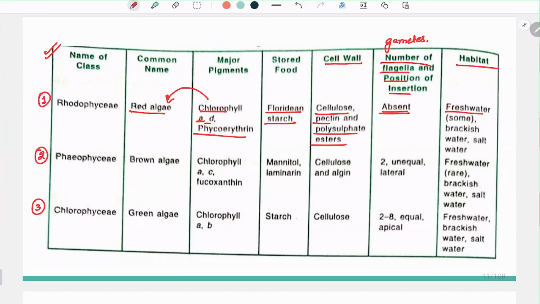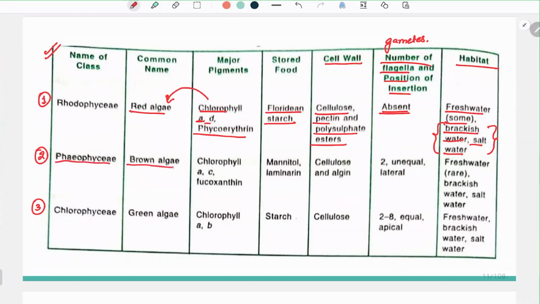Habitat is freshwater, some brackish water, and salt water. Mainly we need to remember that brackish water and salt water is the habitat of rhodophytes, whereas for Chlorophyceae the habitat is usually freshwater.